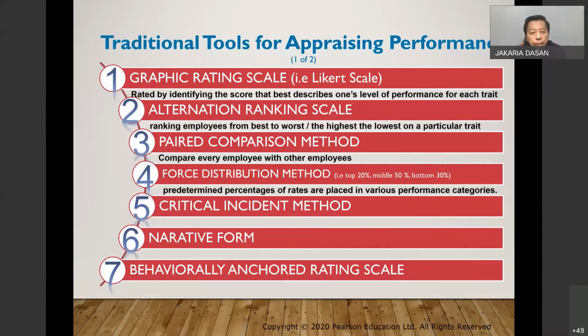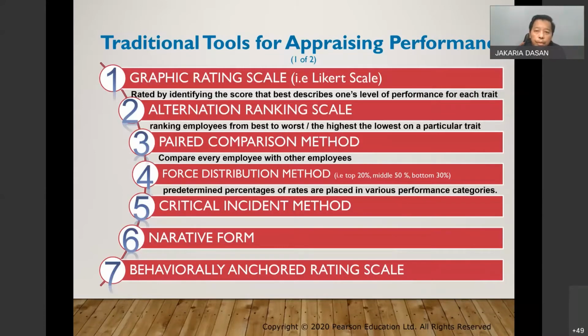Maybe they consider that only 20% of all the employees contribute to that, while 50% do not really meet the standard, and 30% do not support at all.